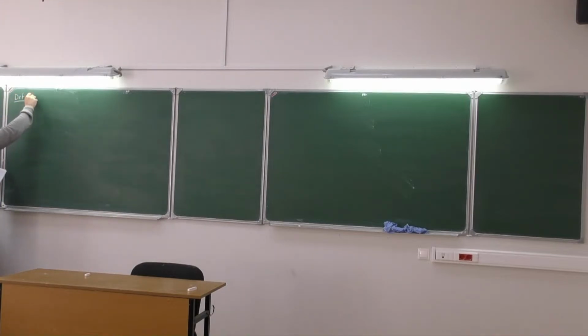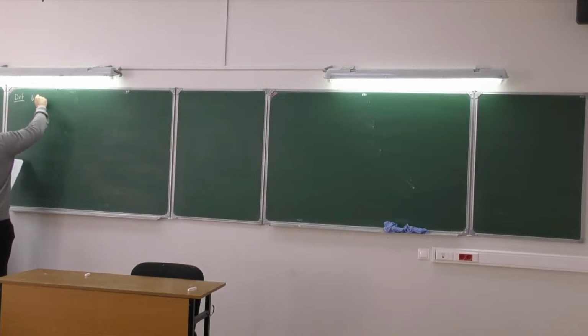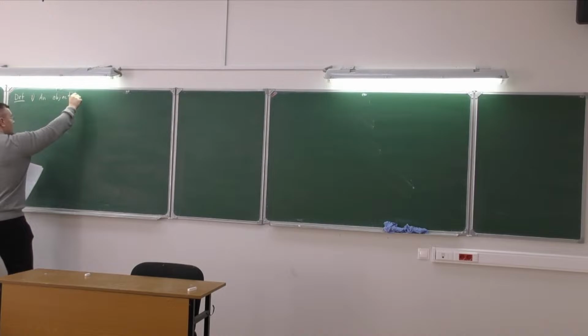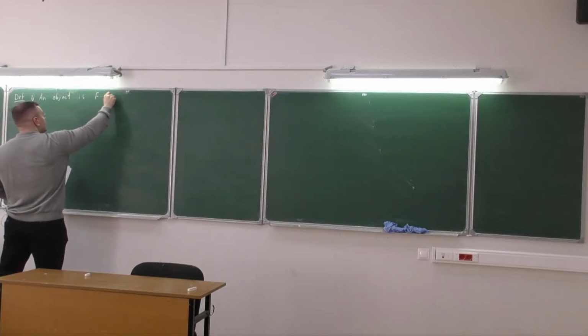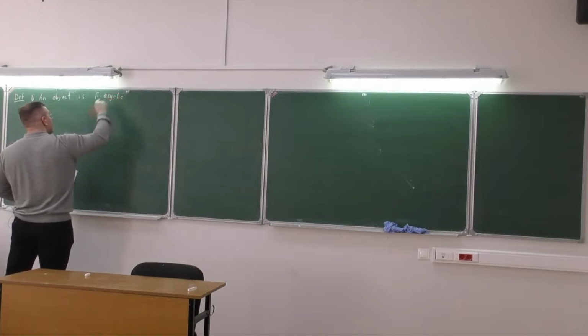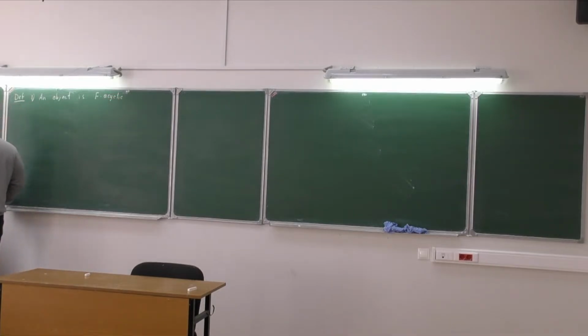So definition: an object, and in our case just a module, but this makes sense in any abelian category, is called F-acyclic. So I continue to assume that F is just a right exact functor, so we can define left derived functors.